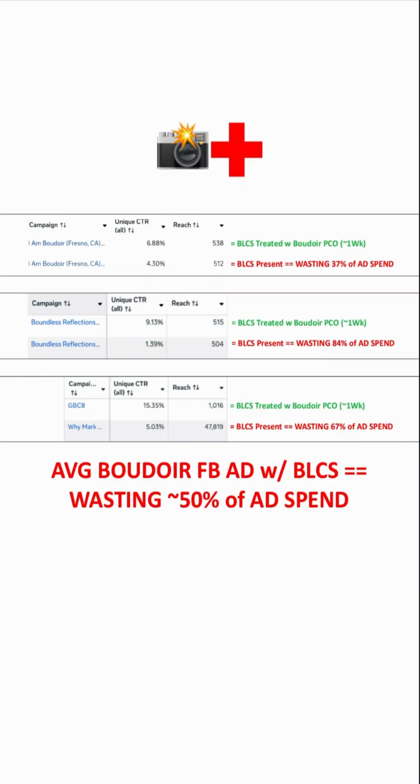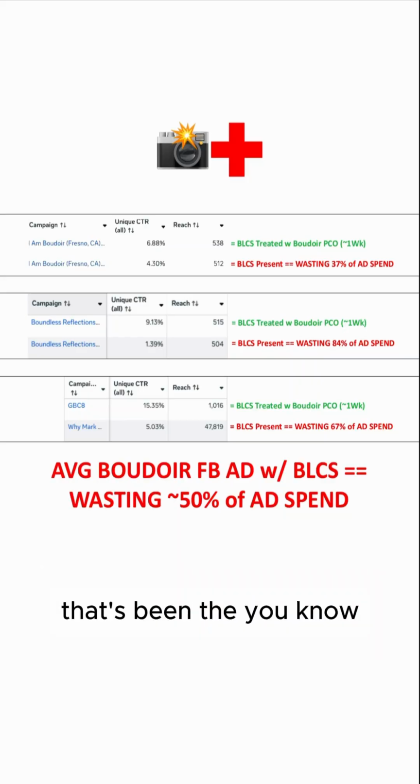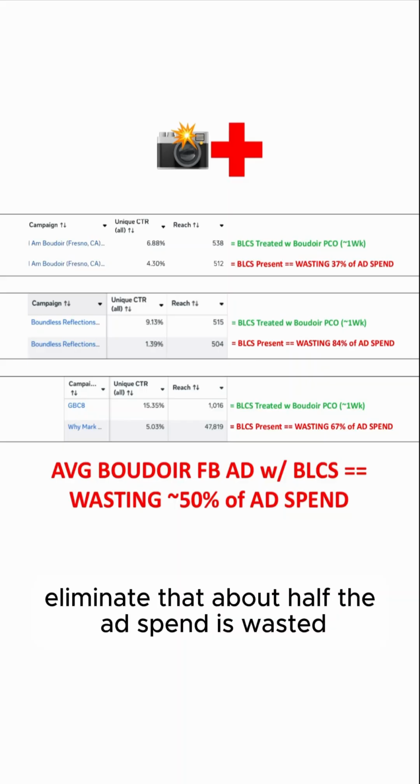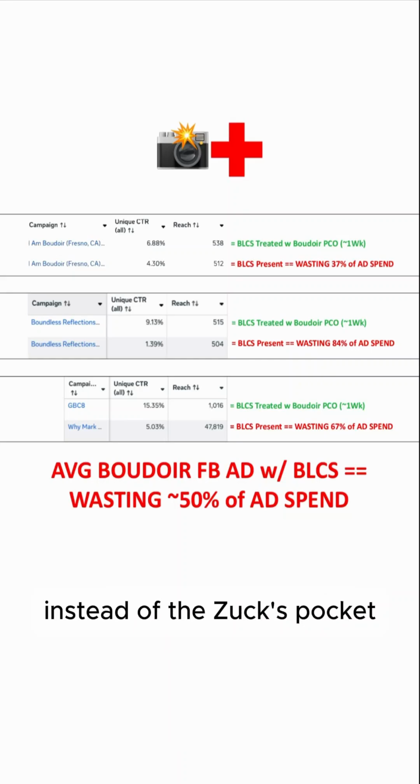And you see Boudoir Pico can save you approximately 5K in wasted boudoir ad spend. Eliminate that, about half the ad spend being wasted, and put that 5K back in your pocket instead of the Zuck's pocket, and that'd be approximately 60K over the next 12 months.